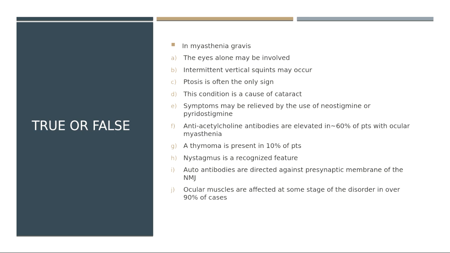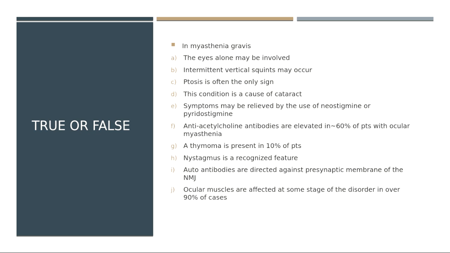So basically, nystagmus is a pendular motion of the eyes, right? At the extremes of gaze, you can get these movements. It's not strictly speaking nystagmus. It's only seen at the extremes of gaze. So this could be a disputed question.